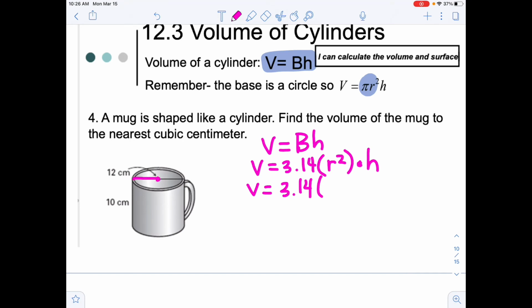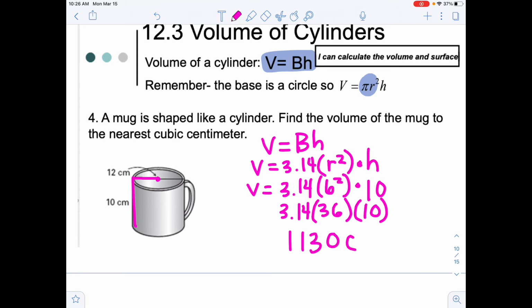So if my diameter is 12, half of that's the radius, so 6 squared, times the height of my cylinder, which is 10 centimeters. So 3.14 times 6 squared, which is 6 times 6 is 36, times 10. I'm going to plug this into my calculator. 3.14 times 36 times 10. And it says round to the nearest cubic centimeter, so it's going to be 1,130 centimeters cubed. Volume is always cubed.